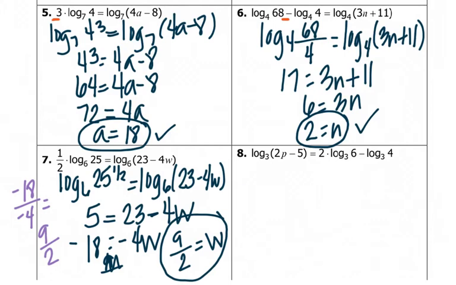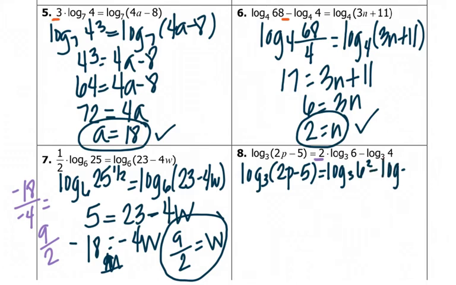All right, so number 8, we're going to notice two things that we have to do. Not only do we have a 2 in front of a log, so that means we have to make it an exponent, we also have two logs that are subtracting. So that means that 6 is going to become 6 squared. First, I'm going to rewrite this: log base 3 of 6 squared, minus log base 3 of 4. And then from there, since it's subtracting, what do we have to do?